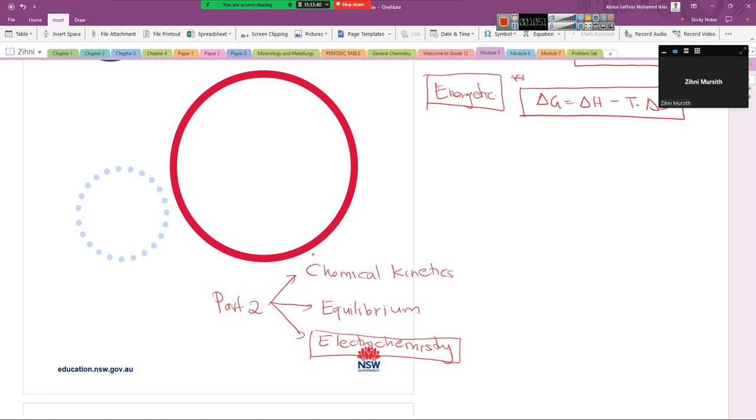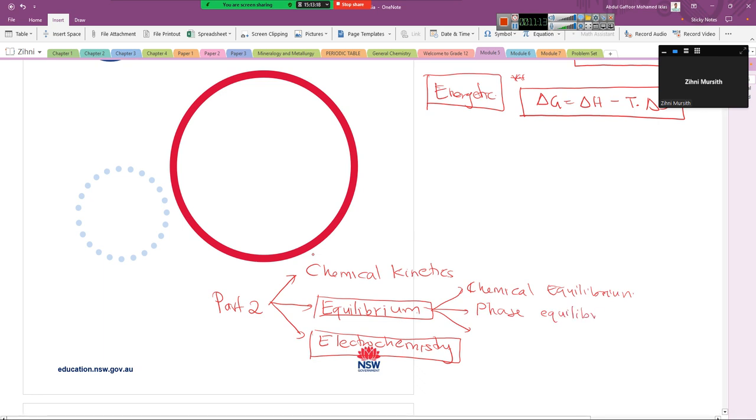Now we are going to focus on equilibrium. Equilibrium has three main parts. The first one is chemical equilibrium. After that we have phase equilibrium, and then we have ionic equilibrium also.